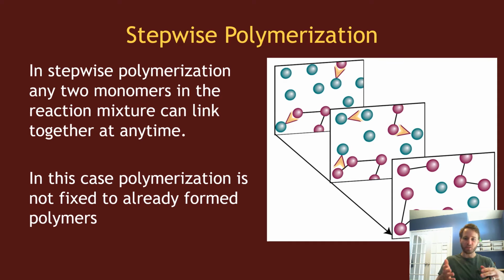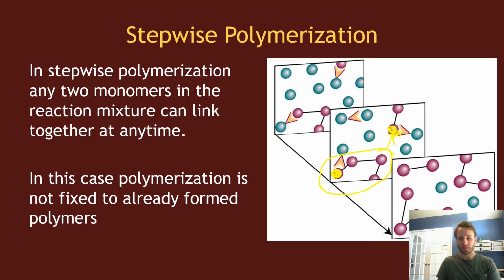Links of monomers can link up with each other to form larger polymers. This linked group of monomers could react and link up with that one. It's not going to react in the middle; it's this end piece reacting with this end piece to form a larger polymer. Any monomers can interact with other monomers.